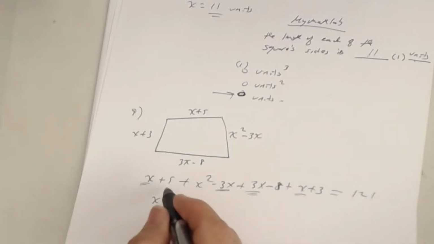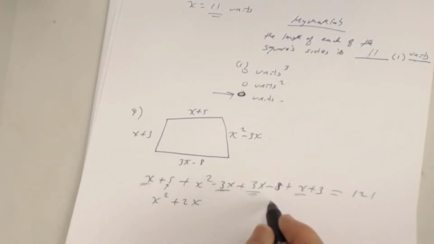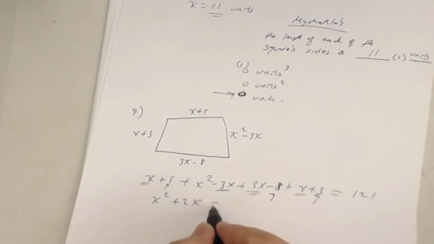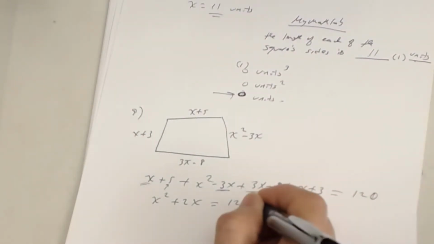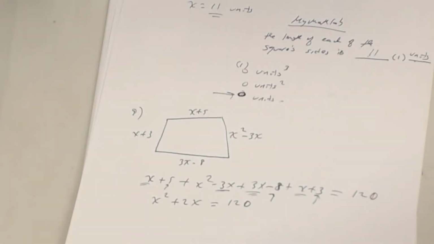Now the constants. 5 and a negative 8 is negative 3. A negative 3 and a positive 3 is 0. And all that's equal to what? 120. Oh, I'm sorry, I was looking at number 7. 120, right? All right, 120. So I have x squared plus 2x equals 120. Okay. Now what?